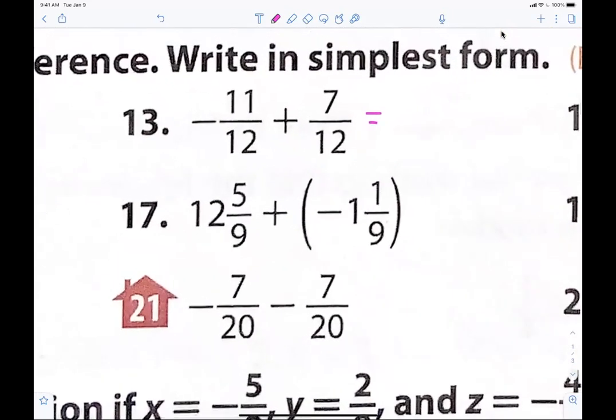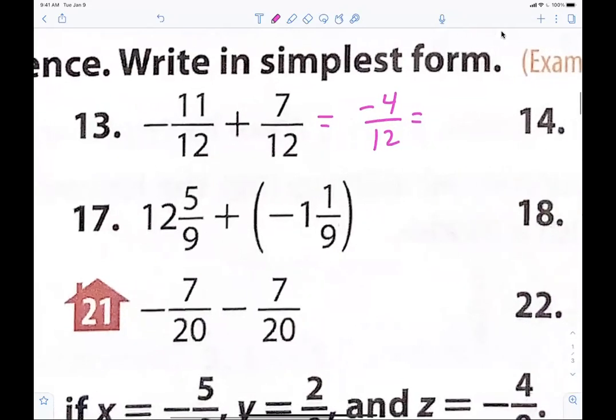You would add -11 and -7 to get -4/12. You are amazing. And then reduce that, please. It would be -1/3. Right, very good. That's hard. All that work, -1/3.